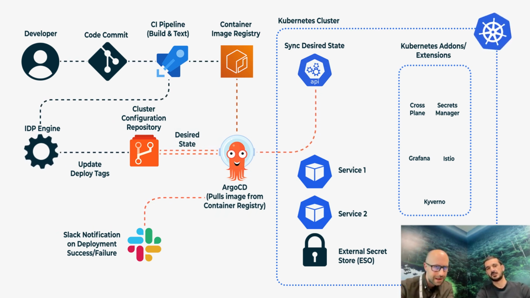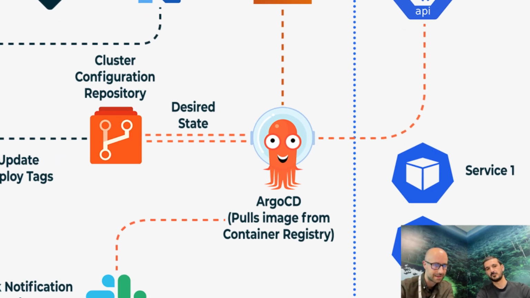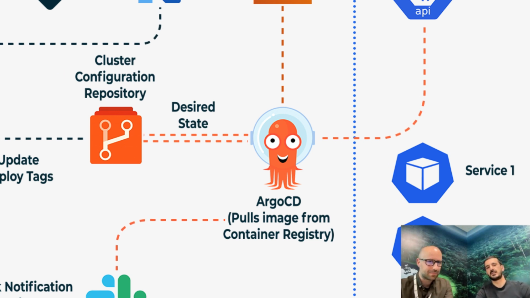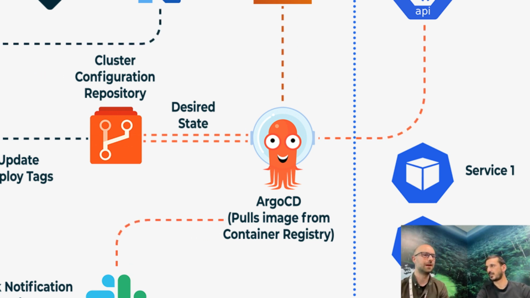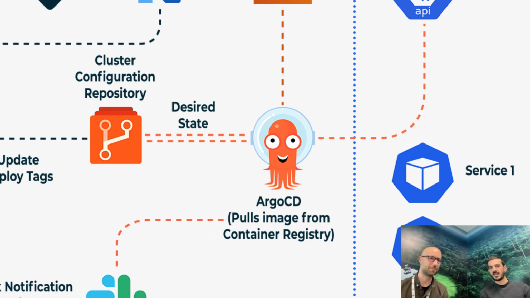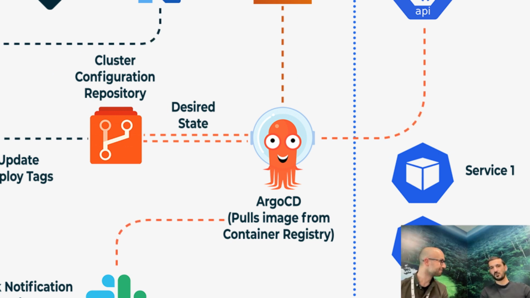Great. Okay, cool. So let's maybe focus a little bit on Argo CD. That's front and center of the IDP solution here. So what is it? Can you maybe talk a little bit about the GitOps approach and how Argo CD helps with that? Yeah, Argo CD is now the tool that everyone uses. It's open source.